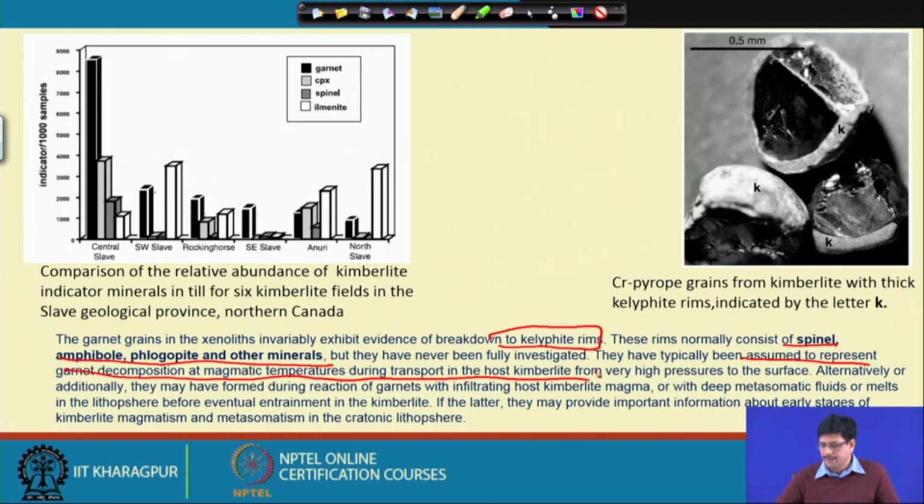So, whenever we see chrome-bearing pyrope grains with these kelyphitic rims, that gives us the indication that they came from great depths and represent decomposition of the garnet under magmatic pressure-temperature conditions. These are also taken as a very characteristic feature observed during examination after they are recovered as indicator minerals.